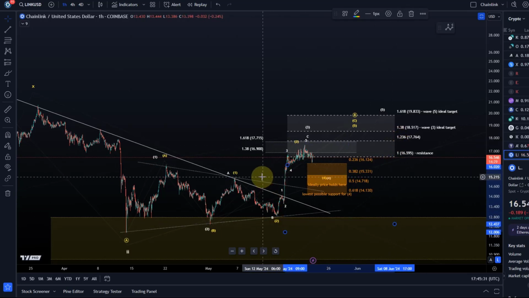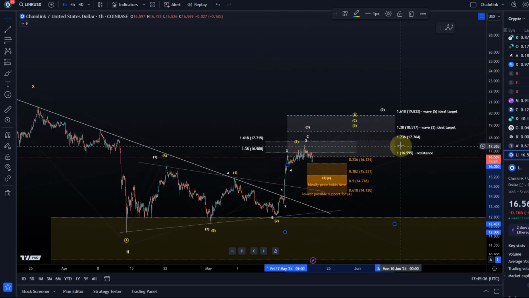A third wave would normally need to reach minimally the 1.236 extension, in my interpretation. That's 17.76. It failed and didn't even reach the minimum. Therefore, I can't really call it. I mean, it would be an unusually shallow wave 3. So I don't really trust this scenario.